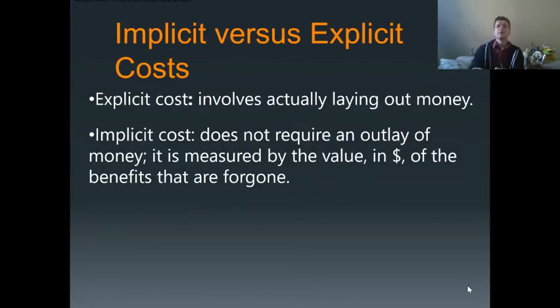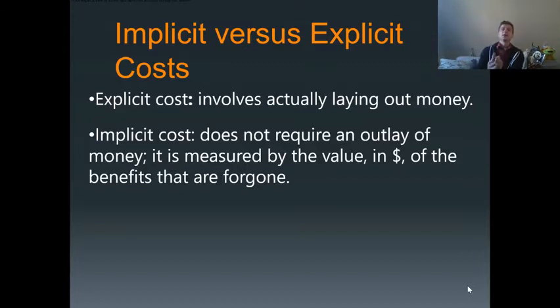Now, in this, we have to remember that our costs are split up into explicit and implicit costs. A lot of what we have been talking about were explicit costs, things that actually involve laying out money. So everything that we've discussed in terms of labor, machinery, rent, all that stuff is explicit costs.